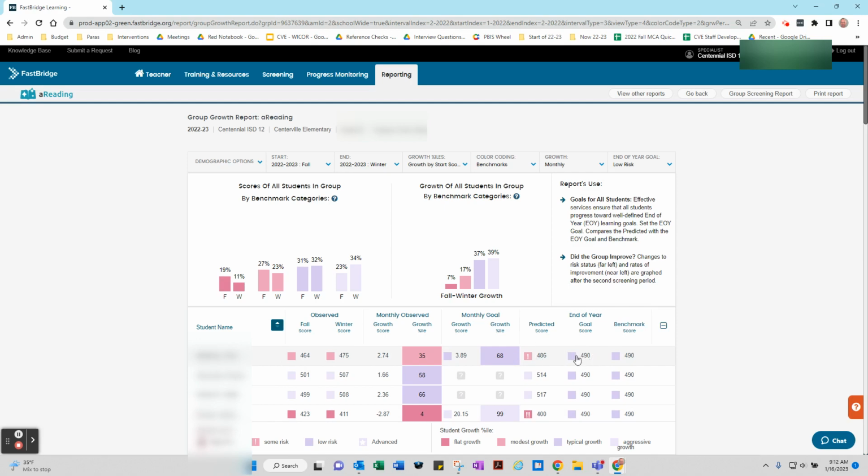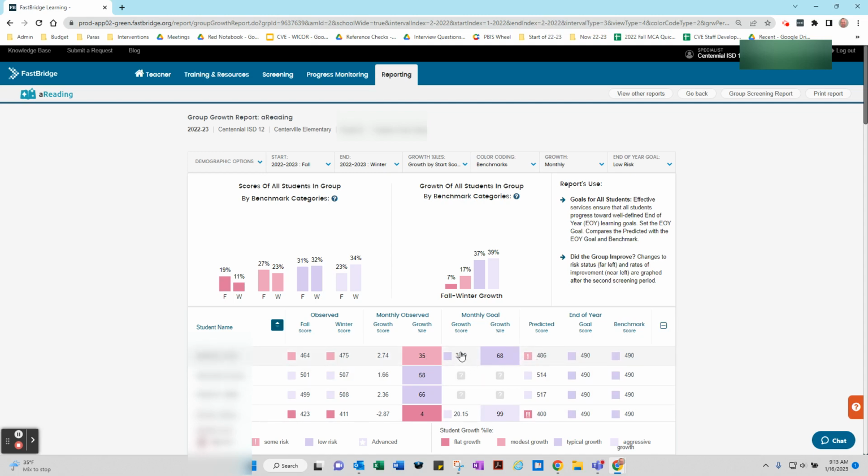To get to this low risk level, he has to get a 490, or he has to grow by 3.89 points per month in order to reach that score or make typical growth. Remember, this student right now is making modest growth, which if they continued that growth, they would be at a 486 and still be at a some risk level.